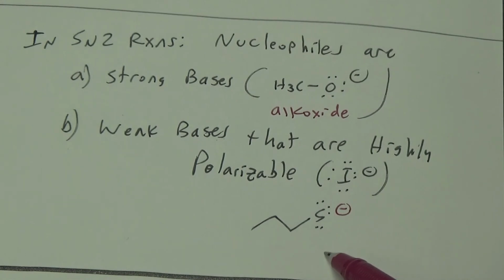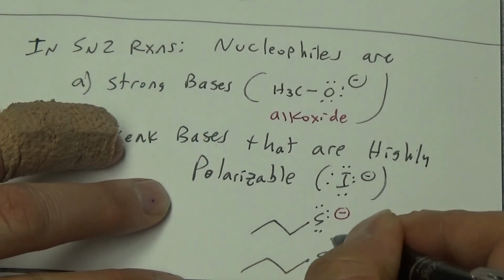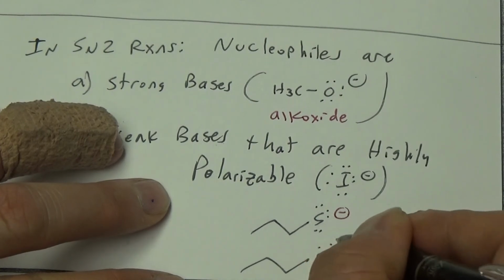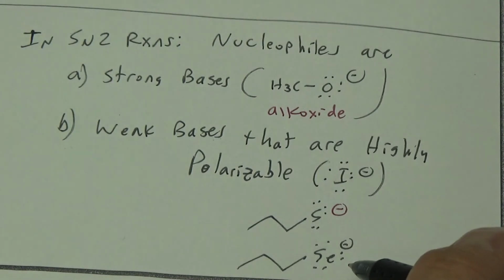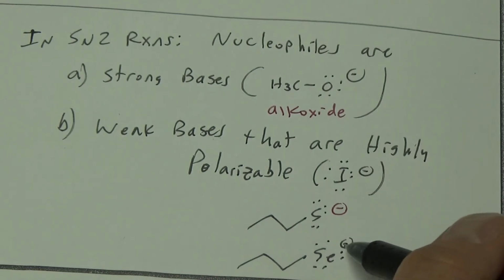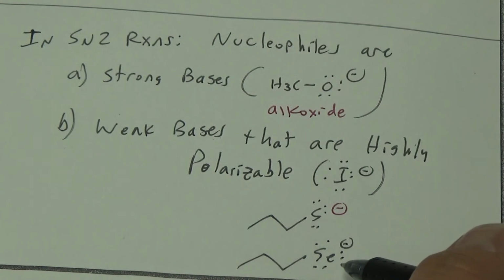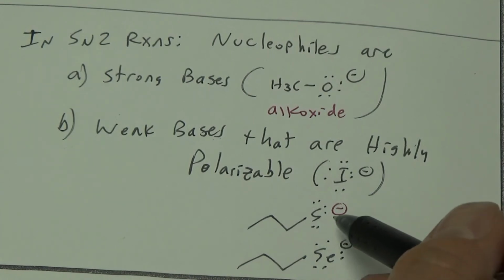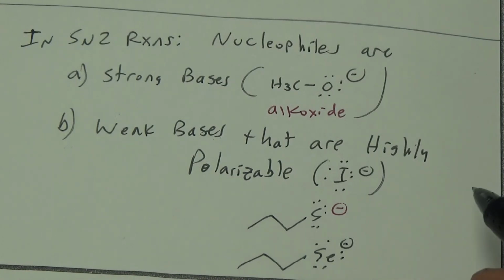On the periodic table, you'll see selenium. Also an amazing nucleophile. Very, very polarizable. It's a huge atom with electron density dispersed all over the place. Amazingly powerful nucleophiles are sulfur minus, selenium minus, and iodide minus, also a very good nucleophile. Okay.